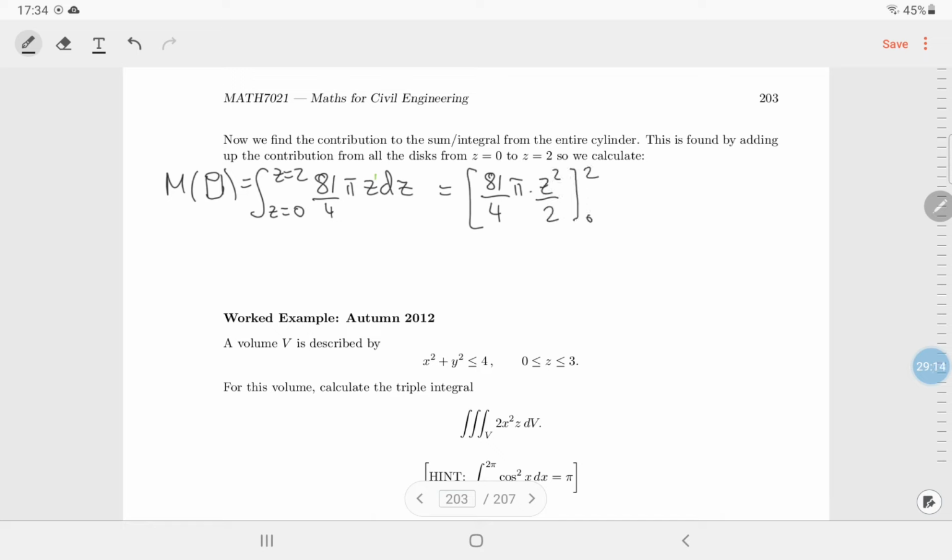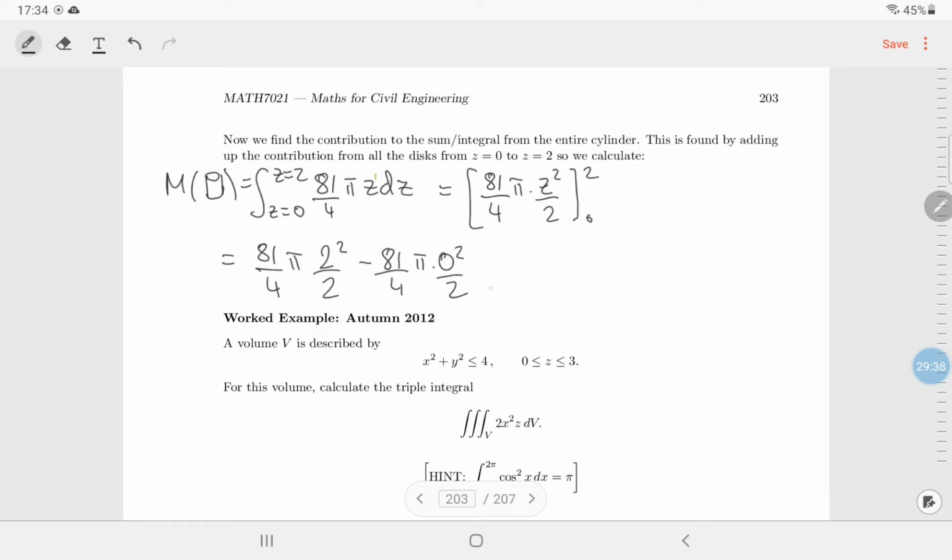And as usual, we do top limit minus bottom limit. And I'll note there was no mention here of units, so we can't actually assume anything. We can't assume that it's kilograms or anything like it. So top limit 2 squared over 2 minus 81 over 4 pi 0 squared over 2.